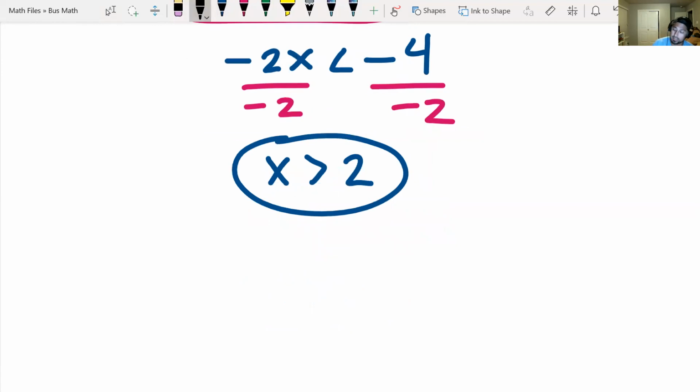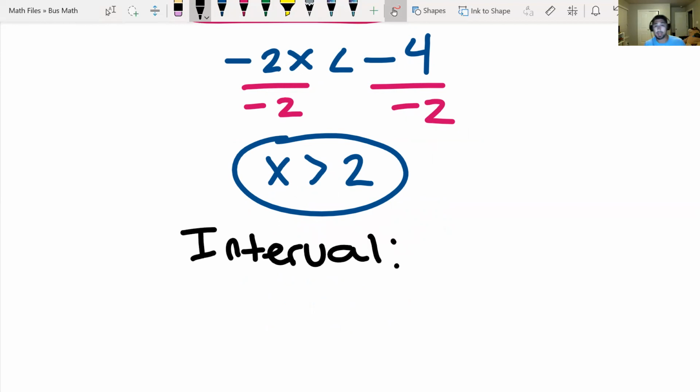And I will put this in interval notation first, so maybe the graph makes more sense. So for interval, x has to be greater than 2, and it's only a greater than, which means that we'll have parentheses 2, and we will head towards infinity, because all the x values have to be greater than.